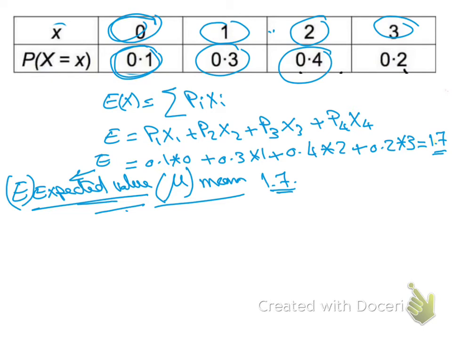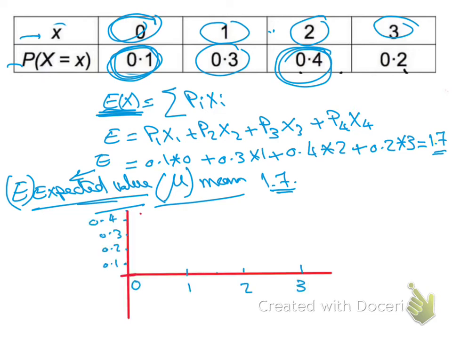But it doesn't have the same weightage, because some of them have a high probability and some of them have a low probability. So this is the way we calculate the expected value or the mean for discrete data where we have such x values and their probabilities.